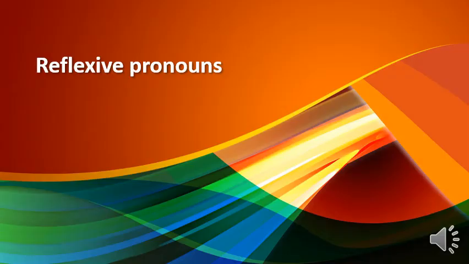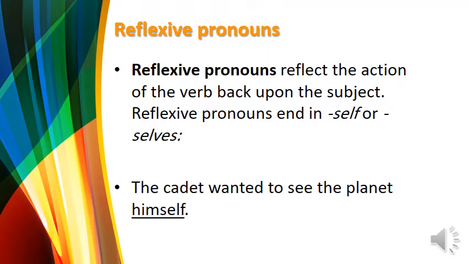So what about the reflexive pronouns? Let's take a look. The reflexive pronouns reflect the action of the verb back upon the subject. Reflexive pronouns end in self or selves. So these are very easy. The reflexive pronouns like himself, herself, myself, or themselves, ourselves. The cadet wanted to see the planet himself.